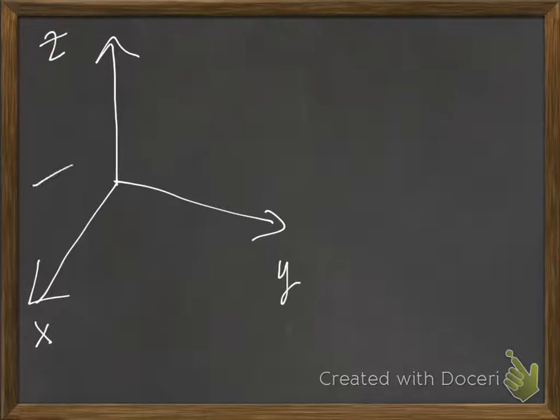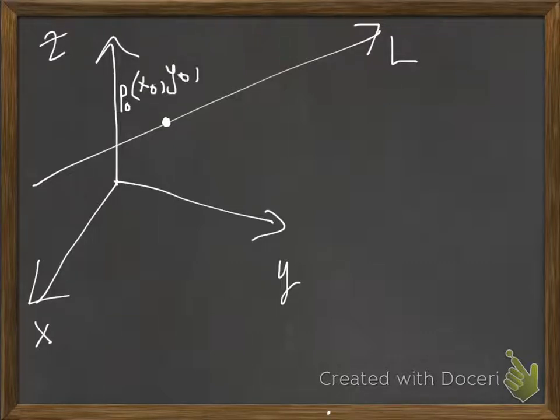And let's have a line, and we'll call that line L, that lives in 3-space. And this time, what we know is a point on the line, we'll call that P naught, with coordinates x naught, y naught, and z naught. Okay? Good.